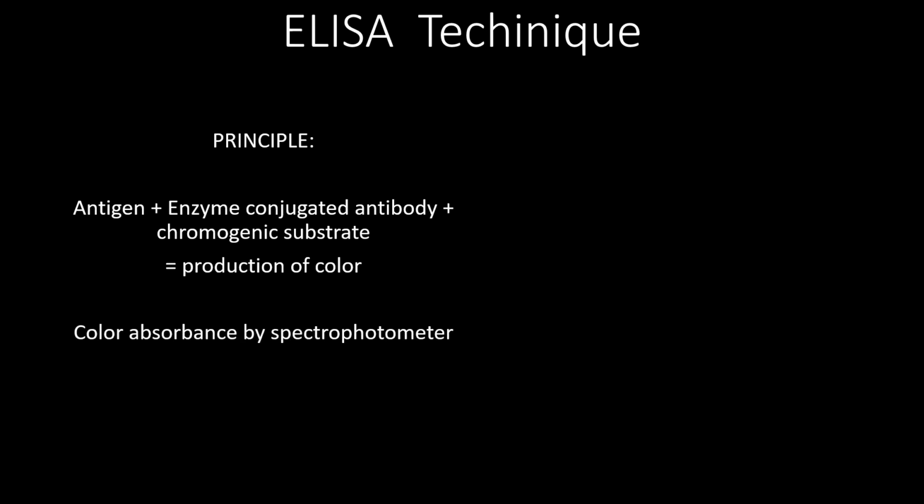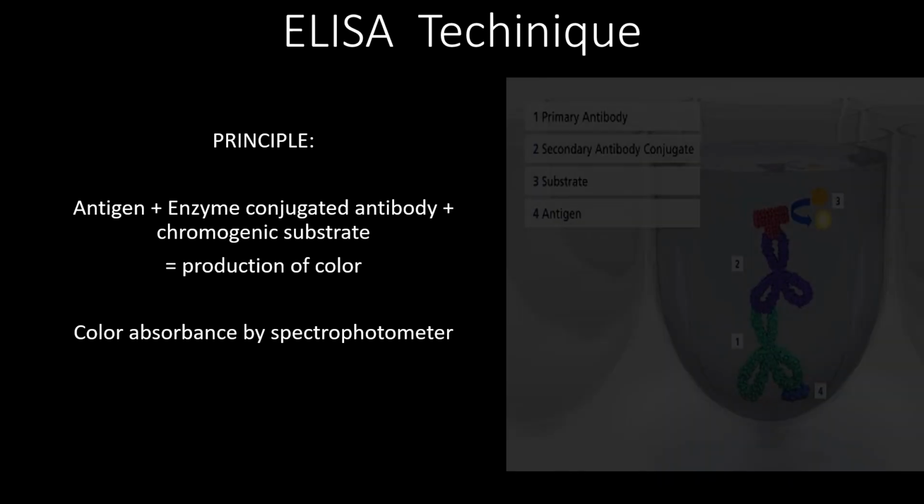This color, by color absorbance, is used to determine the concentration of an antigen present within the patient's plasma. Therefore, a spectrophotometer is used to convert this qualitative data, the production of color, into quantitative data, which is the concentration of antigen present in the patient's plasma.